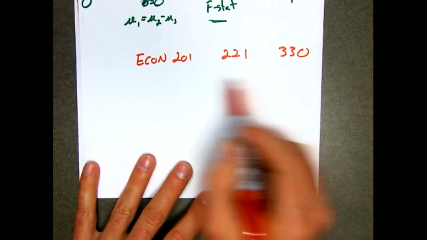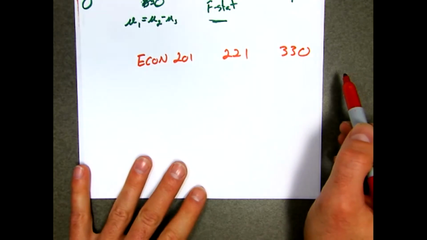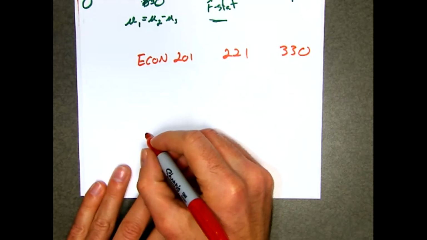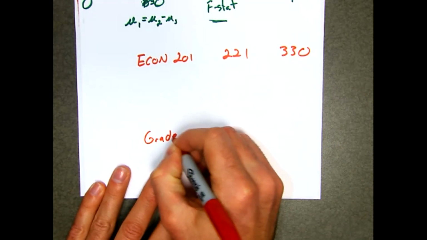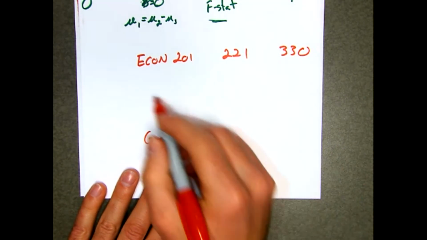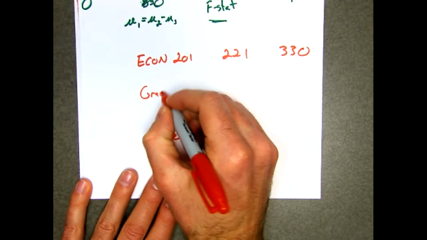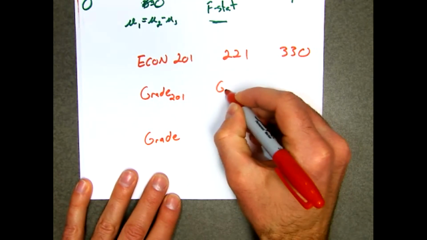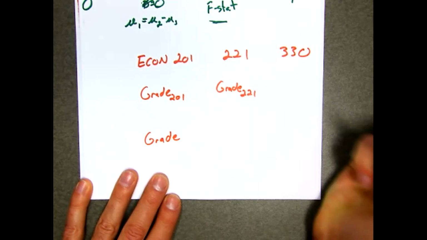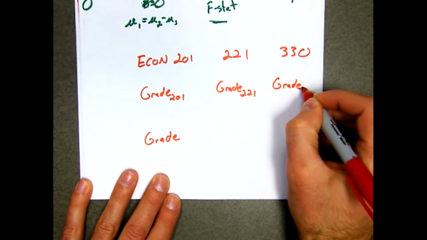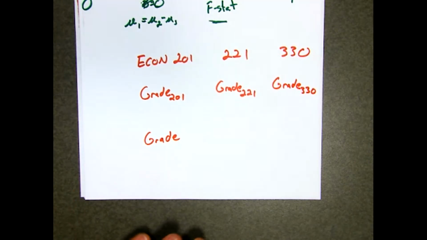Okay. So I could, across these three sections, come up with the average grade, right? I could then find the average grade in 201, the average grade in my 221 course, and then the average grade in my 330 course, right?